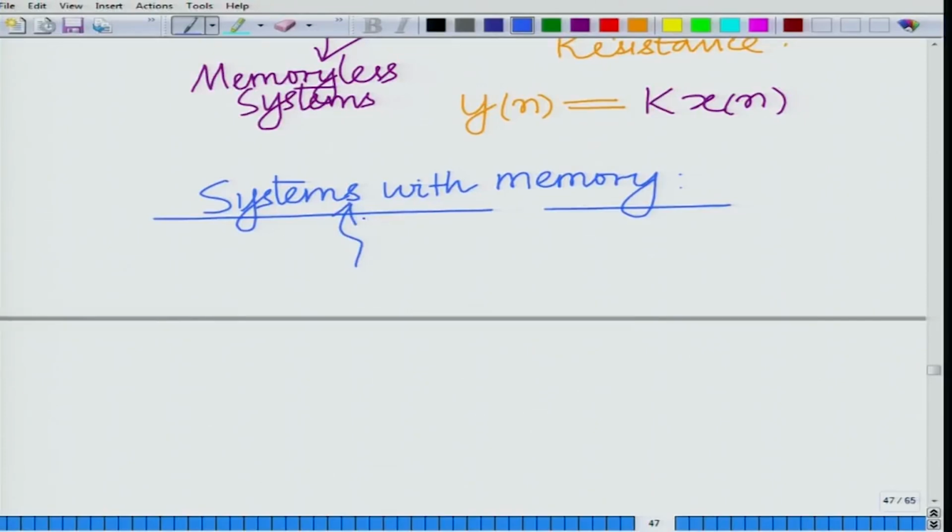So, the output depends not only on x of t, but also on the past values of x of t.